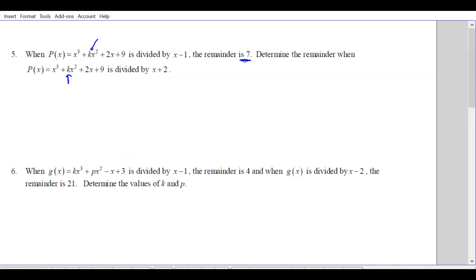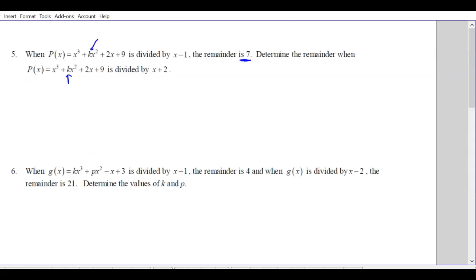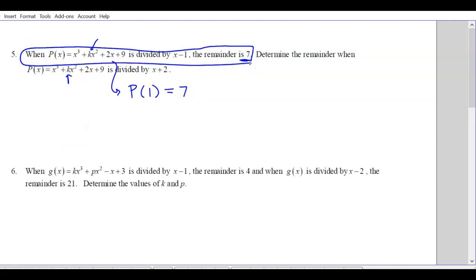So the first statement, okay, that means that p of 1 equals 7. So from this first sentence, the value of x that makes x minus 1 zero is 1. When you substitute it in, you get 7. So that means 1 cubed plus k times 1 squared plus 2 times 1 plus 9 equals 7.